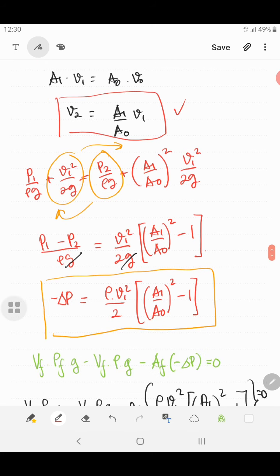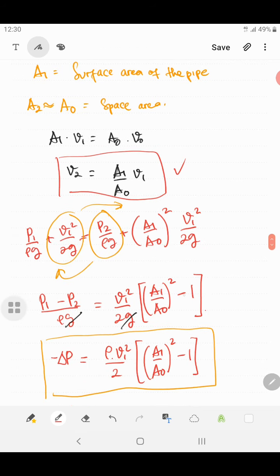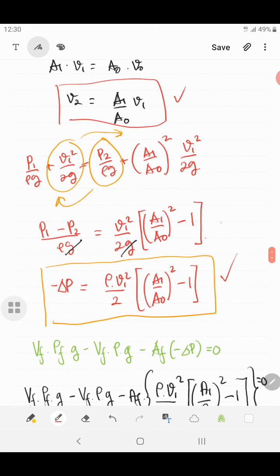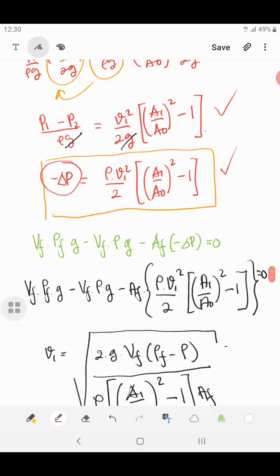Nah, ini kalau sudah dimasukkan ke persamaan yang di atas, yang tadi hasil dari persamaan Bernoulli, menjadi seperti ini, dan P1 minus P2 bisa kita tuliskan sebagai minus delta P, nilainya adalah rho dikalikan V1 kuadrat per 2 dikalikan dengan (A1 per A0) kuadrat minus 1.